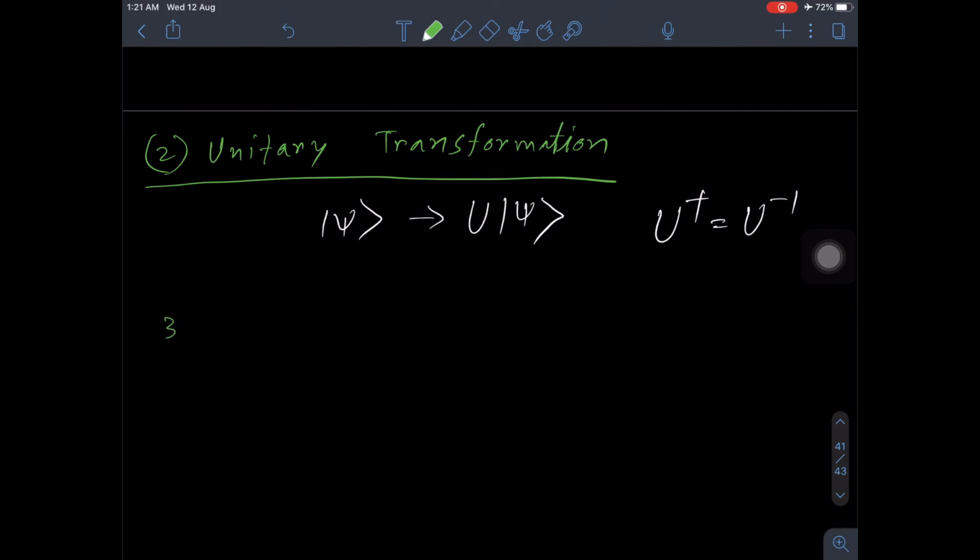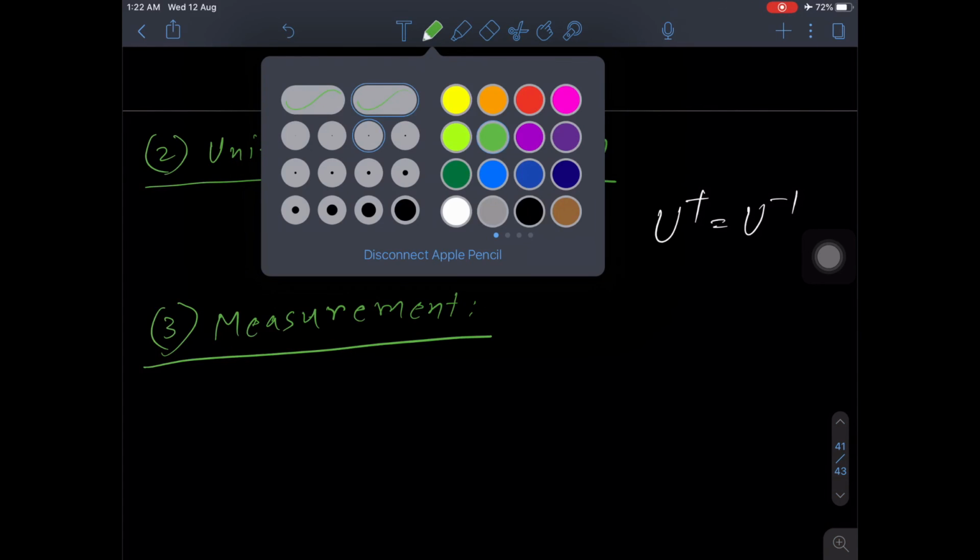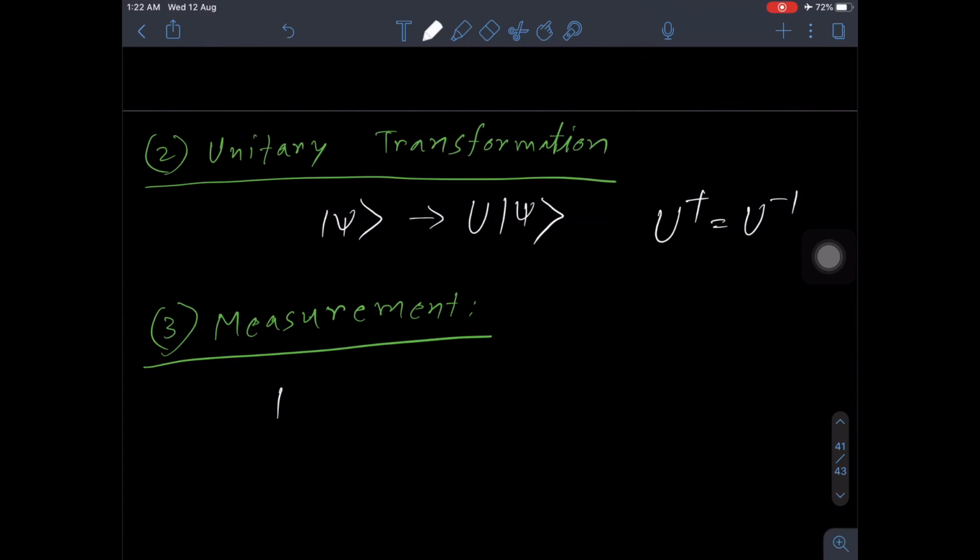And last is a measurement. If you're in some state psi, you can obviously perform a measurement, possibly only on a part of it, not a complete measurement. It can be an incomplete measurement as well, and it will collapse to a new state. Let's call this psi new.